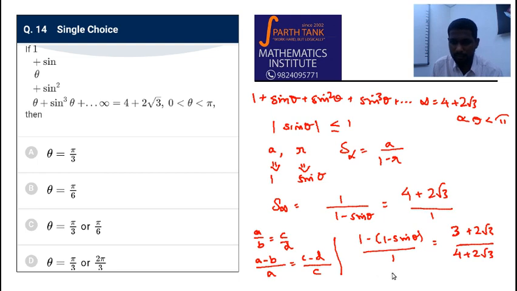So basically I have sine theta equals this term. This side is sine theta. Now this has to be simplified a little bit. So sine theta is 3 plus 2 root 3 by 4 plus 2 root 3.